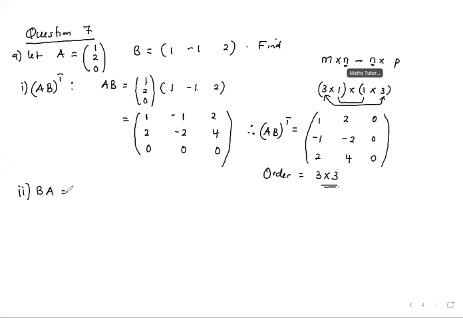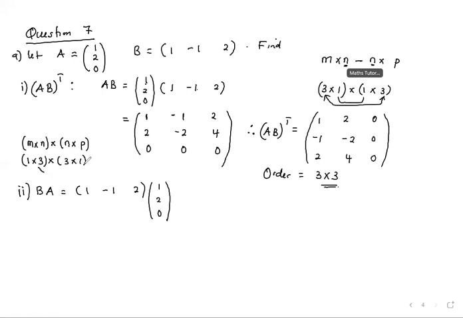Then 2, find BA. BA is 1, -1, 2, multiplied by A, 1, 2, 0. To check if you can multiply this, you want m by n. This can only be multiplied by a matrix which has n by whatever. So this is a 1 by 3 and the other one is a 3 by 1.